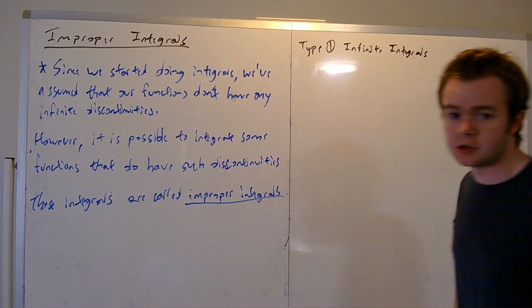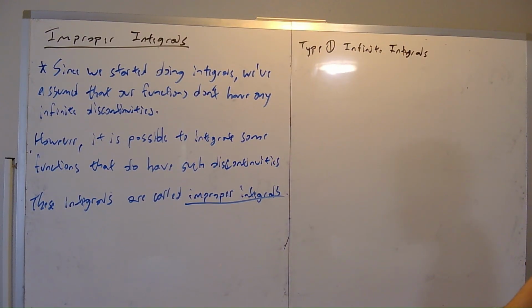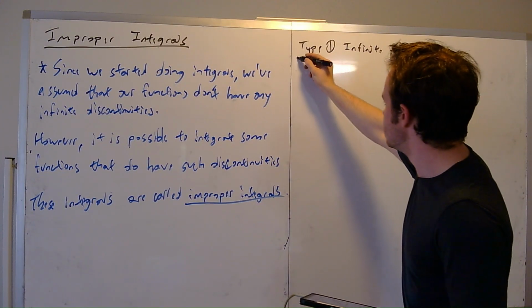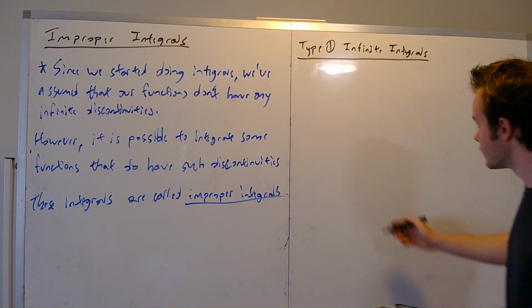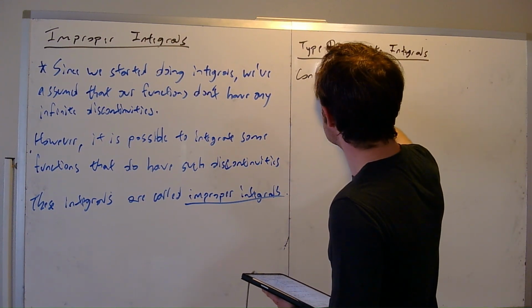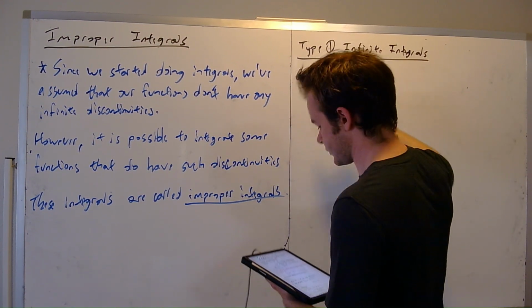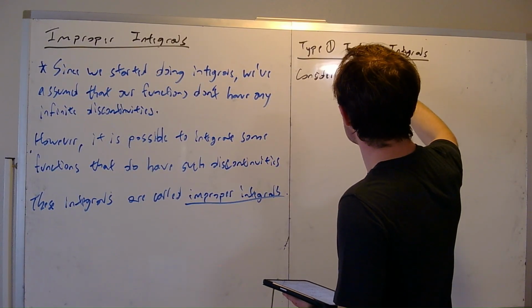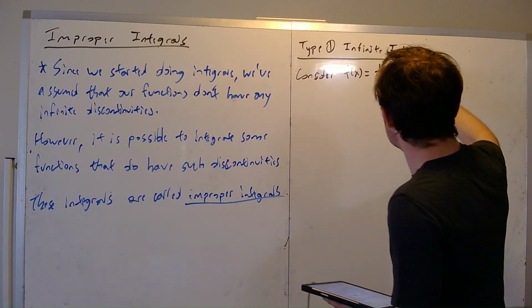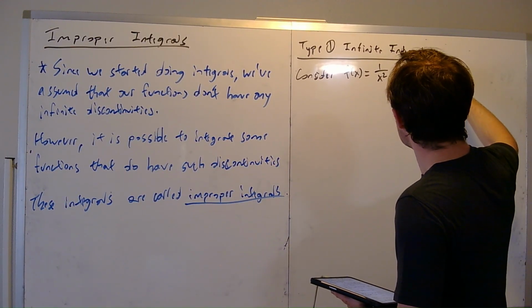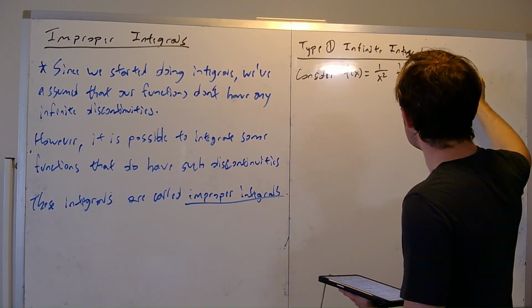And by that I mean integrals where one of the bounds or one of the limits is actually infinity instead of a number. Okay, so let's say consider f of x equals 1 over x squared for 1 is less than or equal to x.